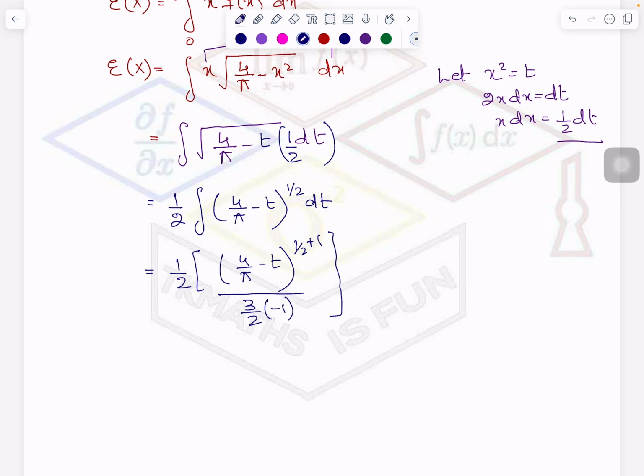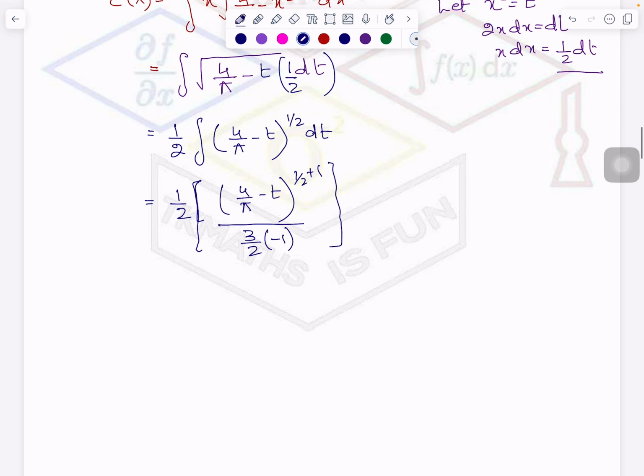And here we will apply the limits. So let's first simplify this. So it will become half. Now this part, the denominator will become minus 2 over 3, right? And this internal part will become 4 over pi minus t, 3 over 2.